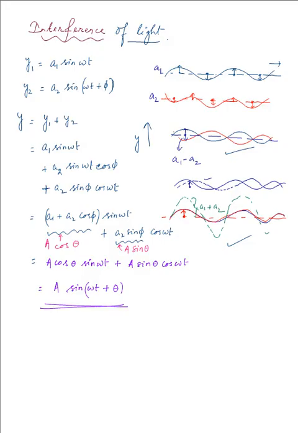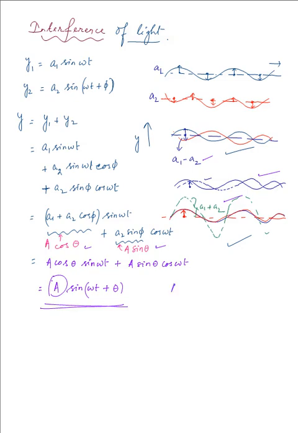Now the amplitude of the resulting wave is something different, obviously. Here we can see the amplitudes changing in both those cases. Even though I haven't really mentioned how they are changing, they are changing in fact. So we can determine this A because we have those values of A sine theta and A cosine theta.